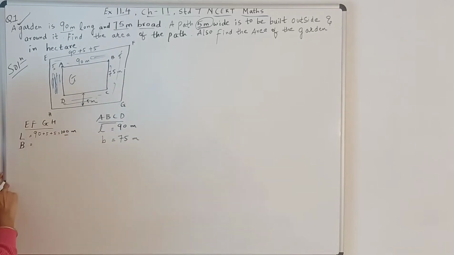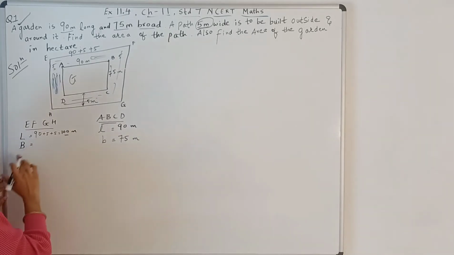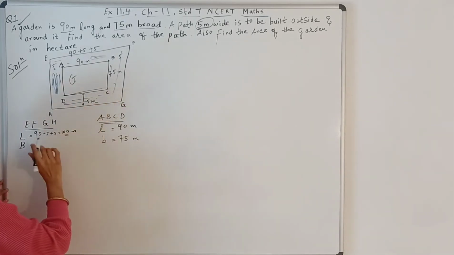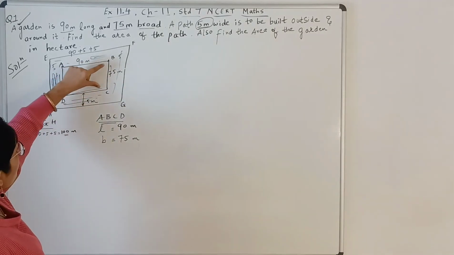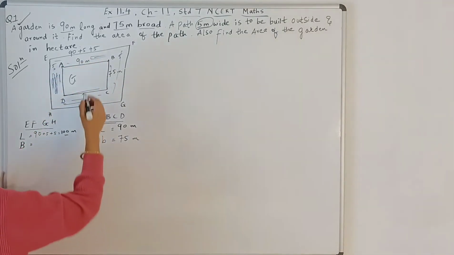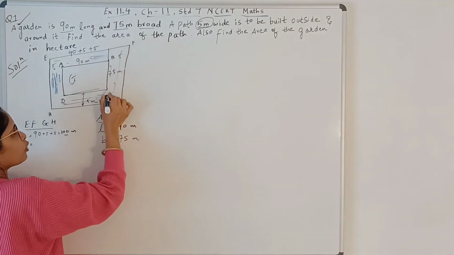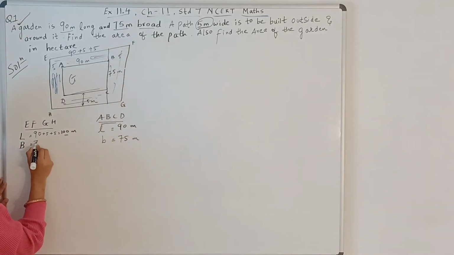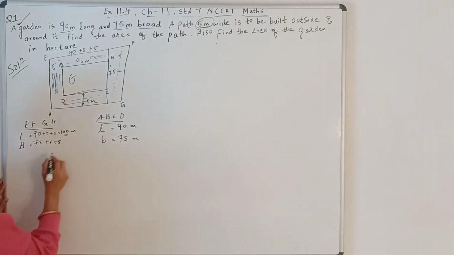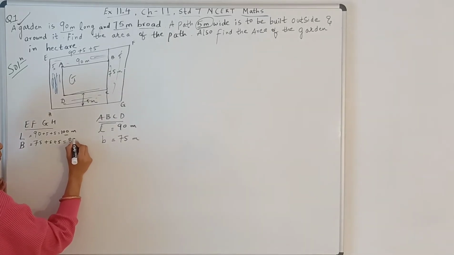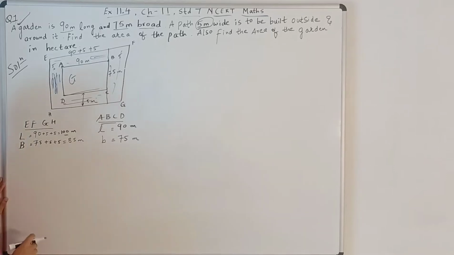So 100 meter will be the length of the bigger rectangle. In the same way the breadth: the breadth is 75 meter. Here also you add 5 here and 5 here. So you have to add 5 and 5 in both. So 75 + 5 + 5 will be 85 meter.